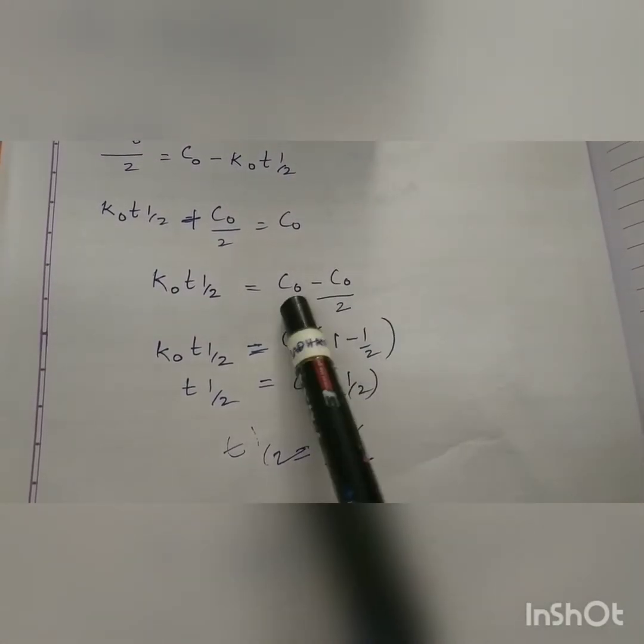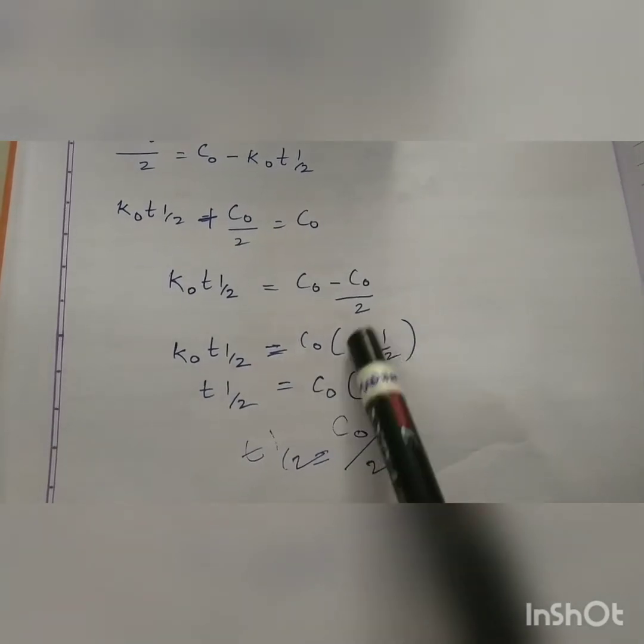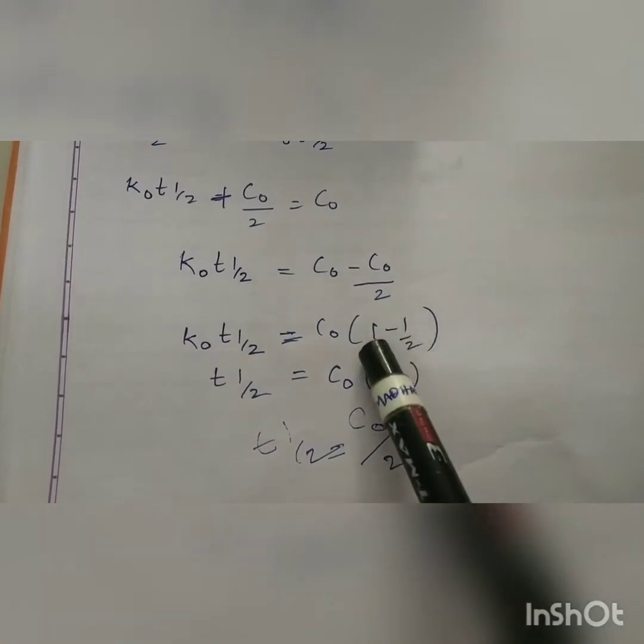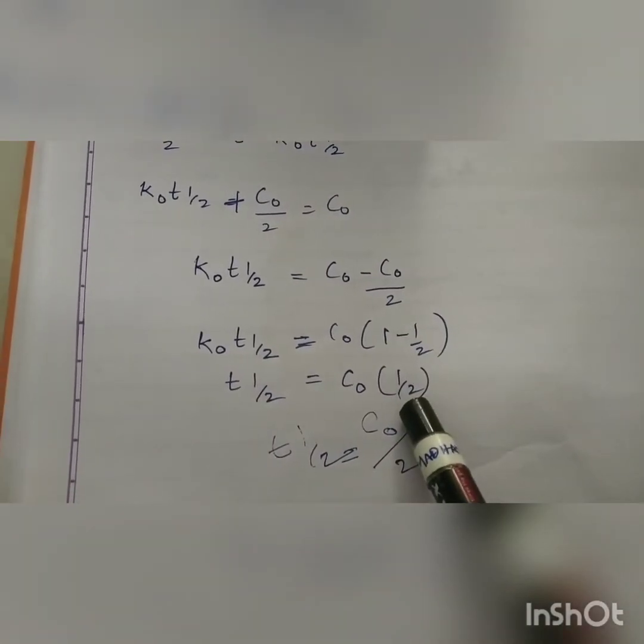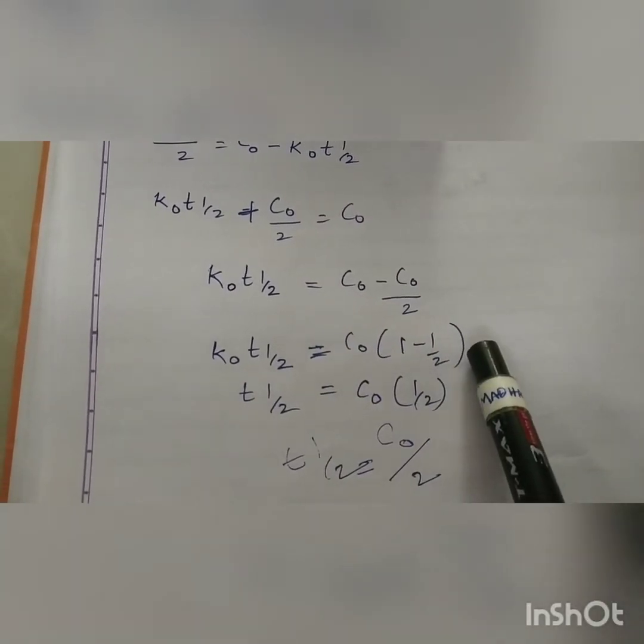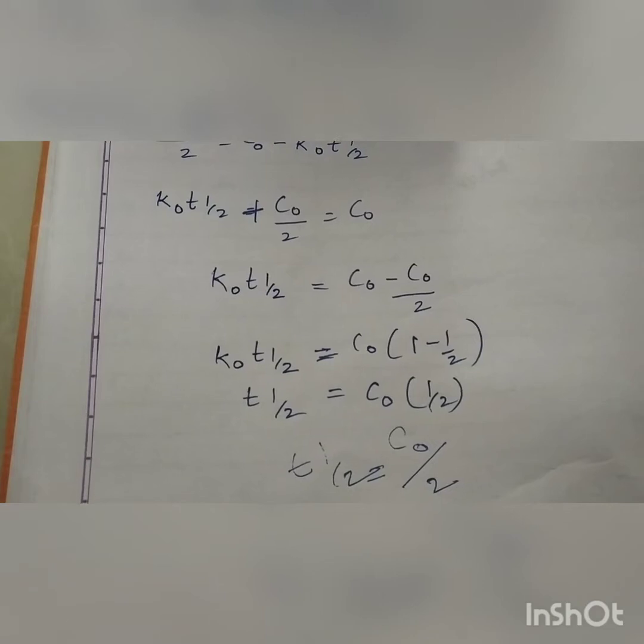Now we are taking the LCM, both the same, right? So we are taking C0 out, and 1 minus 1 by 2, that is half, right? So the same equation we are writing like this, and after the subtraction it will become half. Fine. K0 is missing here.